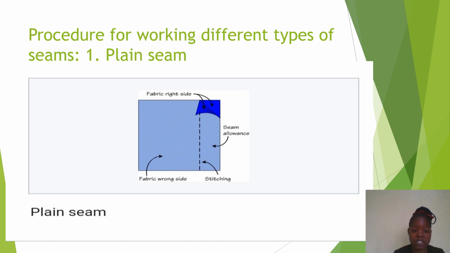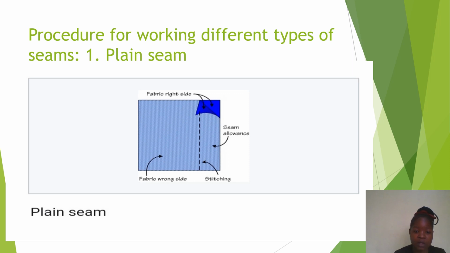So procedure number 1: place 2 pieces of fabric together, right sides facing each other, as I have told you, and then match the raw edges and stitching line together. Then stitch along the fitting line.